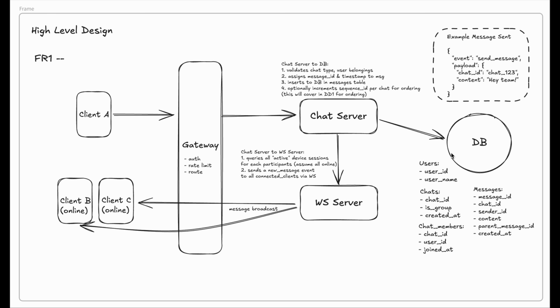After the message record has been persisted inside the DB, the chat server talks to the WebSocket server to do two things. One is to query all the active device sessions, or all the active users you can imagine, for each of the participants.